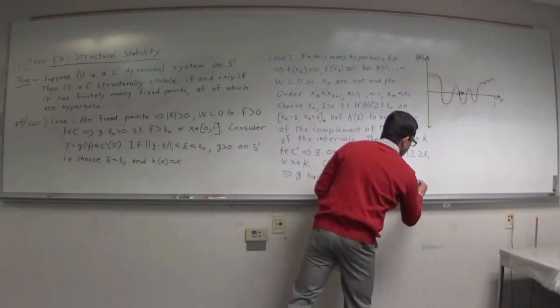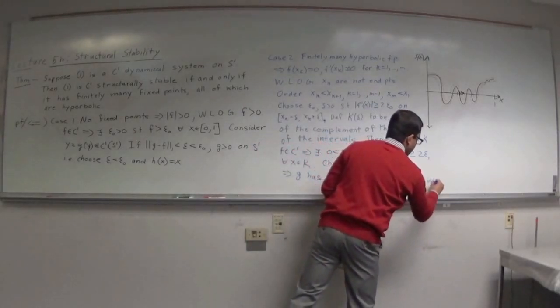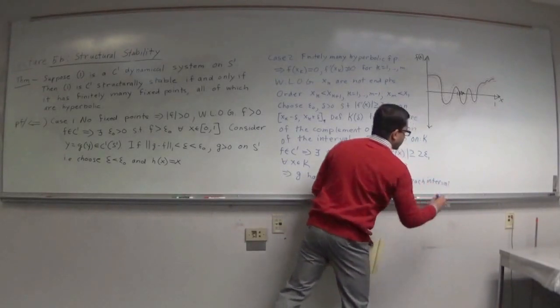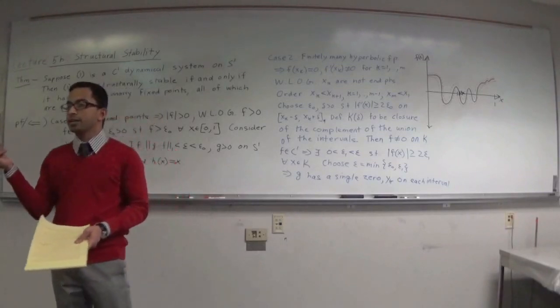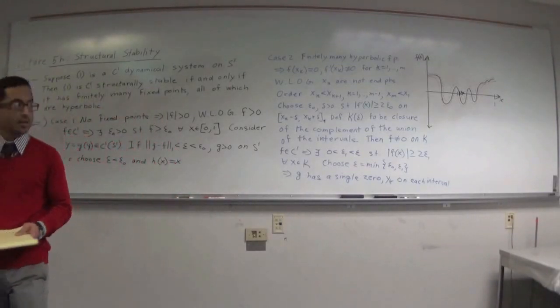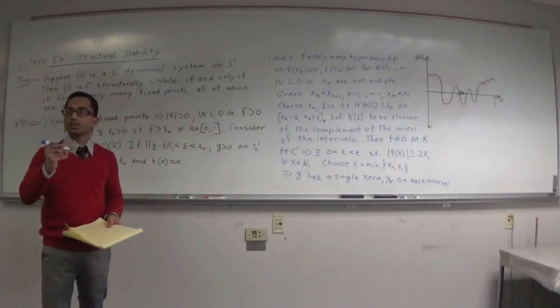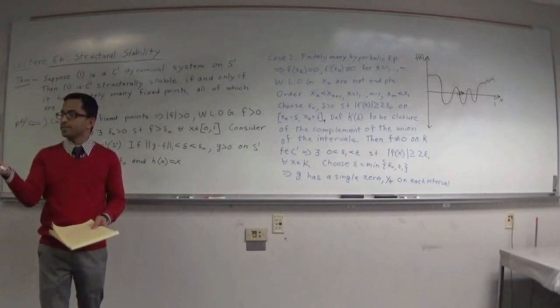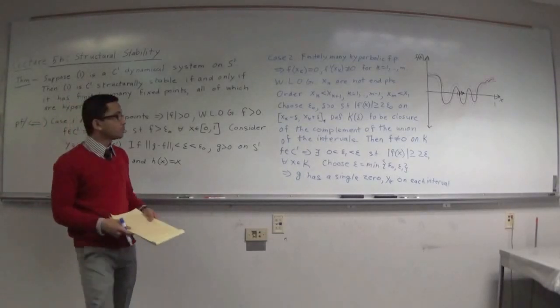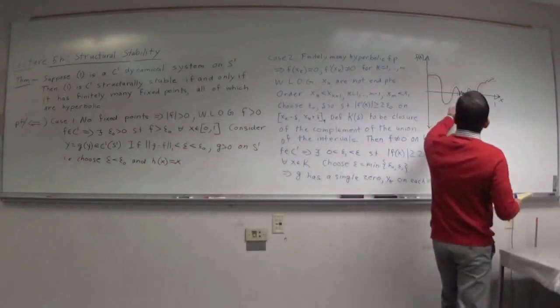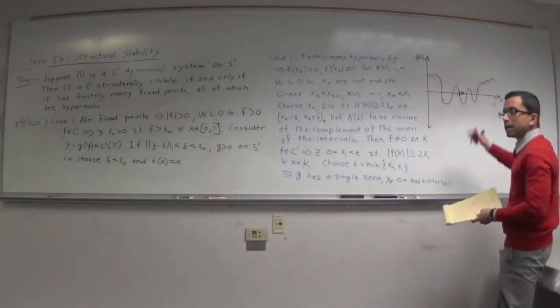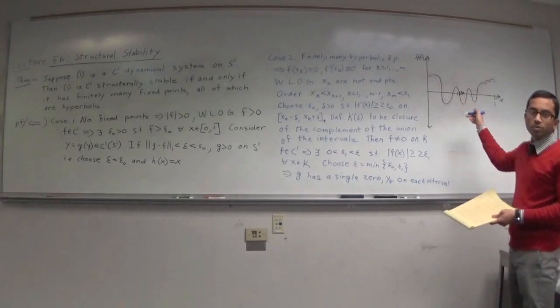So our y dot equals g of y only has a single zero on each interval. Basically, what we showed is that for y dot equals g of y, we're not changing the number of fixed points.